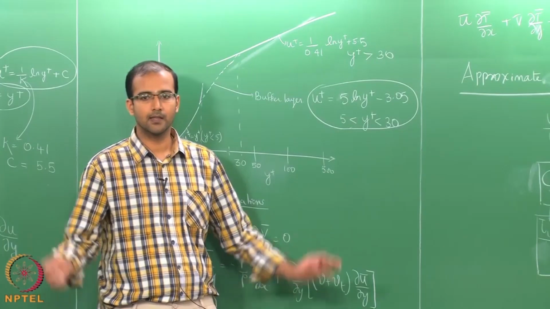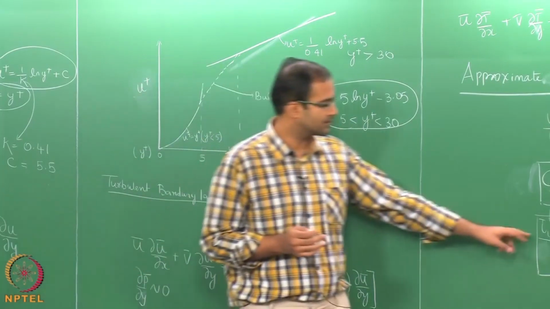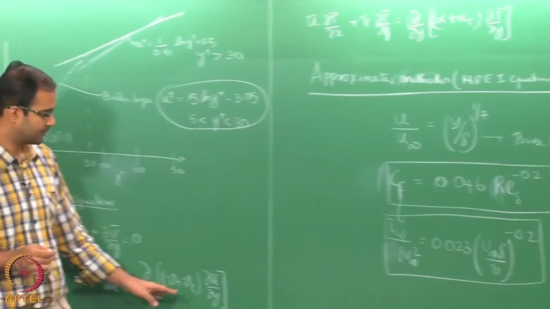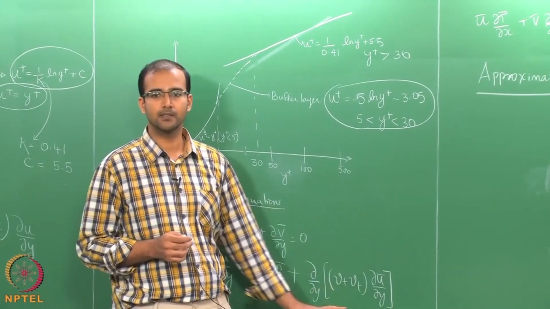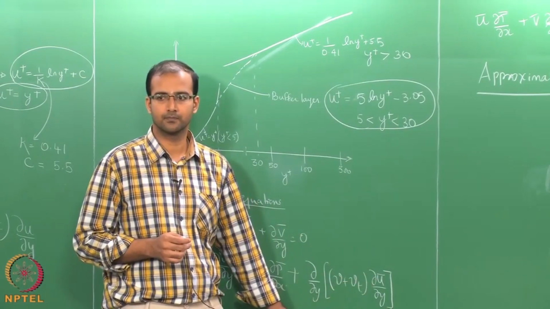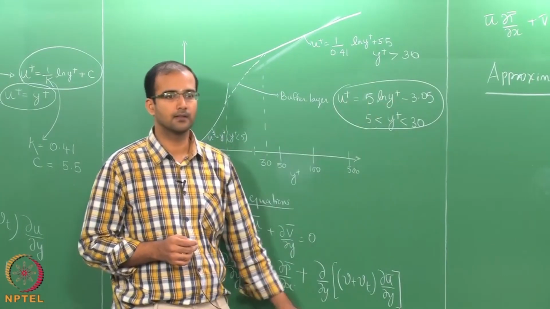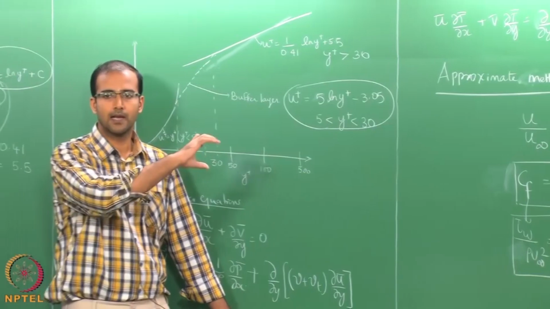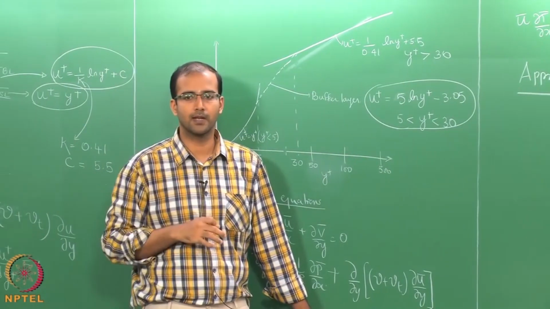So, the idea in the integral method then is to substitute this for the right hand side. Okay, at the right hand side we have this entire term is going to be tau wall, correct. Since we cannot use that profile, we will directly substitute for tau wall from this, and now we will have an equation which we can solve and find out the expression for boundary layer thickness delta.